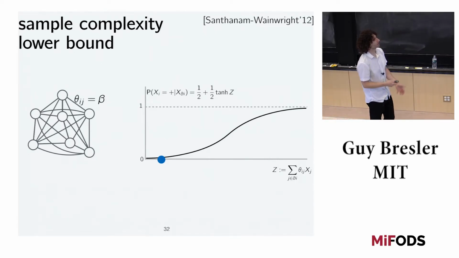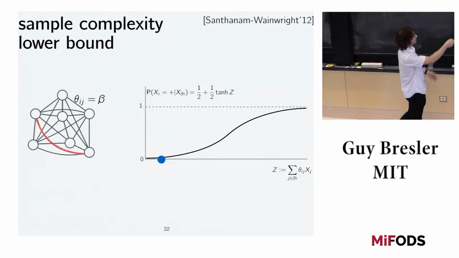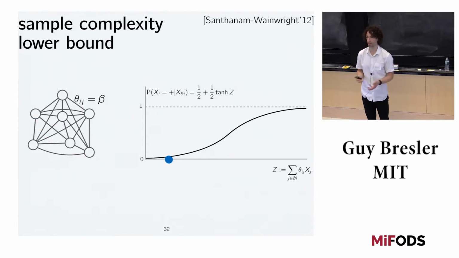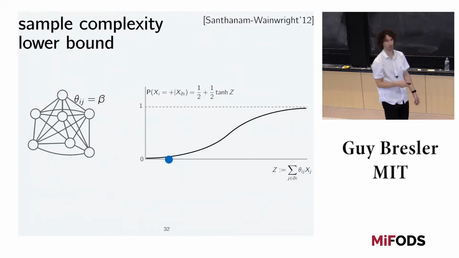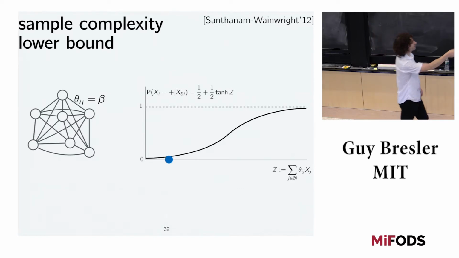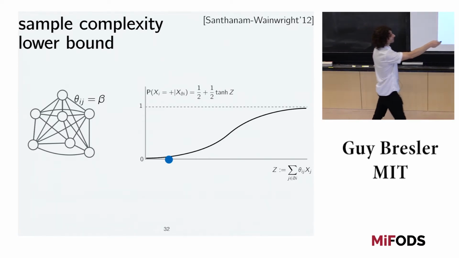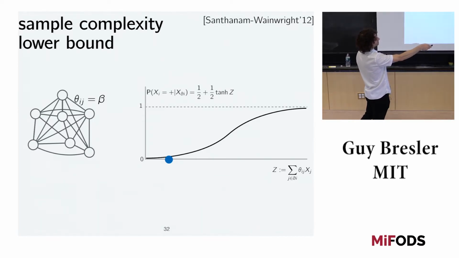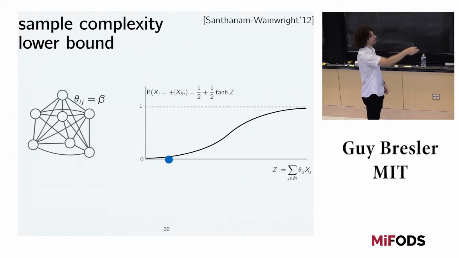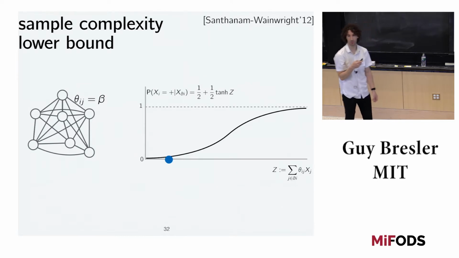And you can now ask yourself the question, what happens if I just take an edge and remove it? Can one actually see that in the joint distribution? Or can one see that in this conditional distribution, in the behavior of a given node? And you can convince yourself that if I remove one of these edges, then this quantity, which is what's input into the sigmoid to compute the posterior, changes only by a relatively small amount.